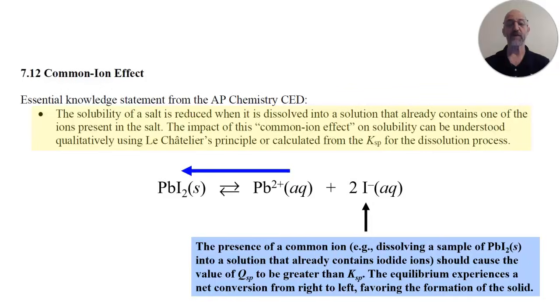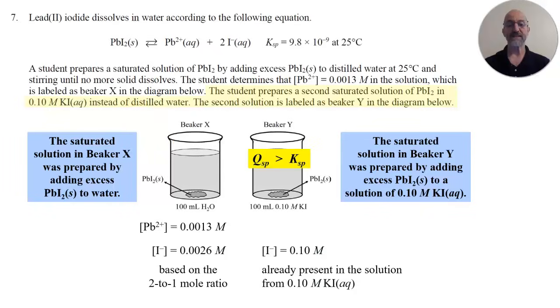And by favoring the formation of the solid, that makes lead iodide less soluble in a solution that already contains a common ion. So we are predicting, based on the fact that Q is greater than K, that because of the extra iodide ions from that potassium iodide solution that was already present, there is a net conversion from right to left, favoring the formation of the solid, making it less soluble.